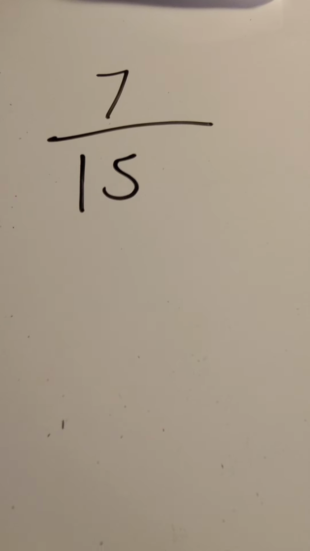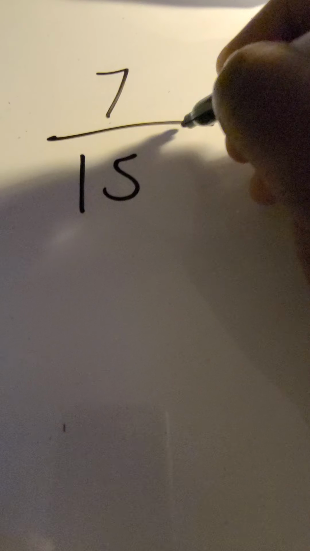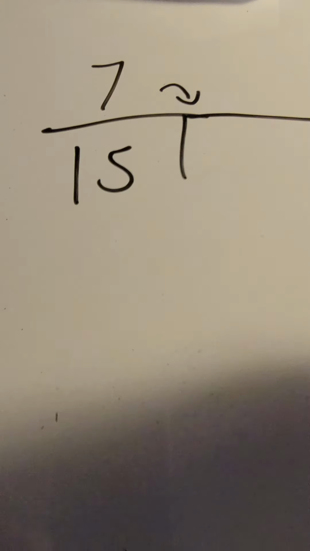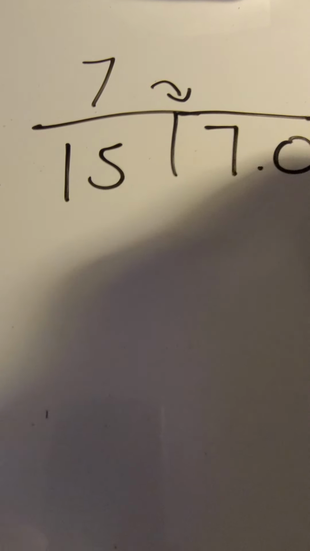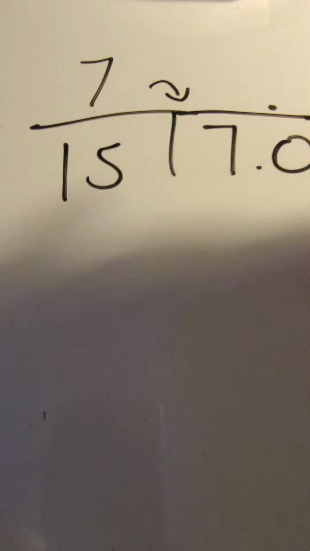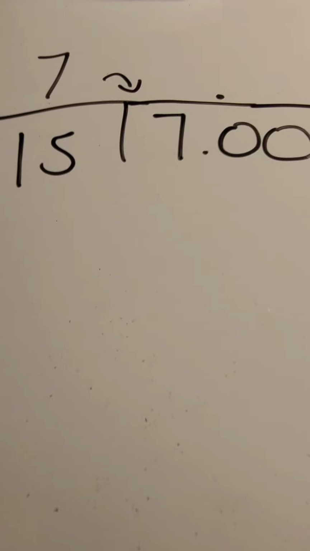Okay, so we want to convert 7 over 15 into a decimal. So we'll make our little fraction bar thing. We'll bring a 7 down, add some zeros, maintain our place value. Now we can begin to divide.